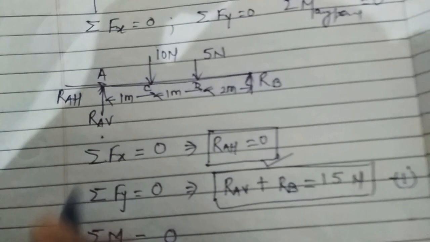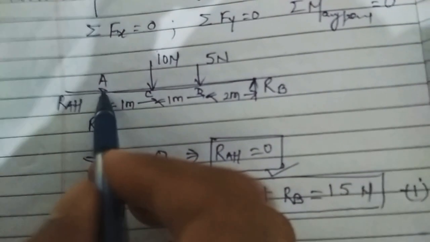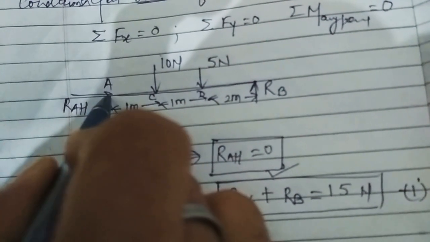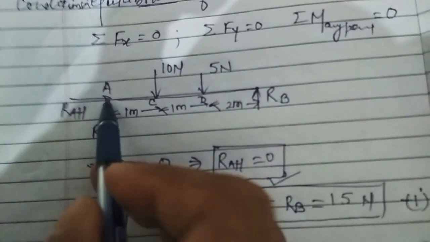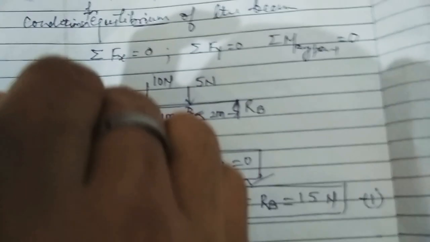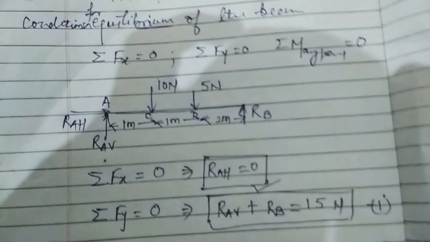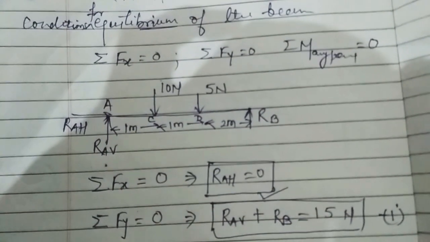About point A, the summation of moments about point A, or the axis perpendicular to this notebook, is equal to 0.